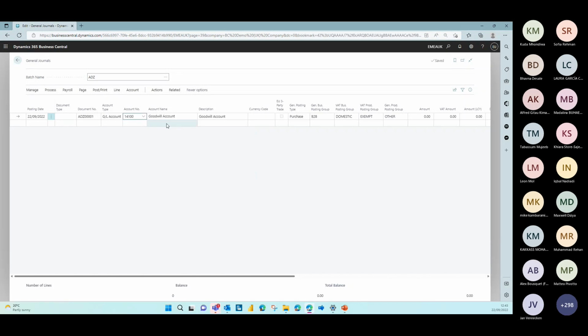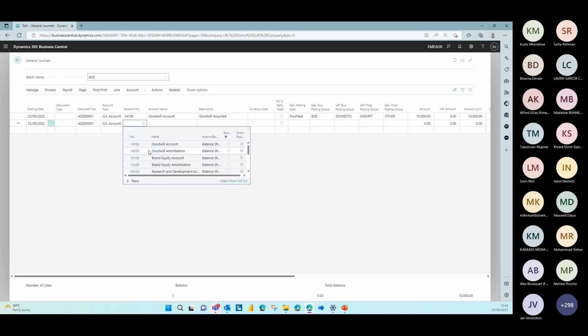So let's say goodwill acquired. Notice all this here. So assets, and an asset is a debit. So let's say debit will be a positive. Where do I credit? Well, I can credit the reserve account. Let's just put it to reserve.